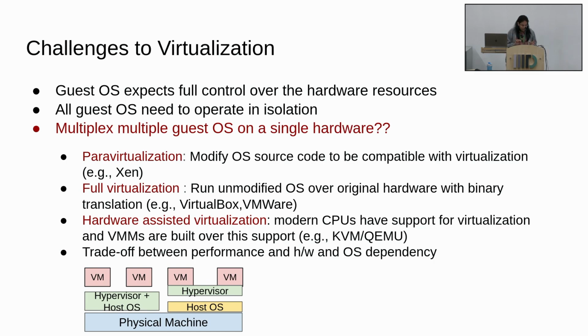As this figure says, there are hypervisors which run above your host operating system, like VMware and Xen, but there are some which run along with your host operating system to enable fast translations for the guest operating system, for example KVM.